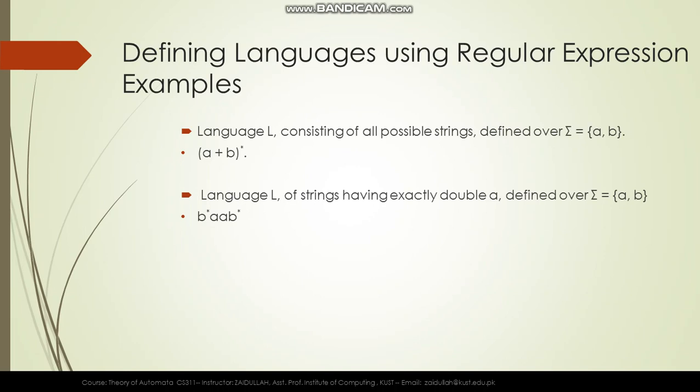The fourth example is the language L of strings having exactly double a defined over a, b. So its regular expression will be b star, double a, b star, which means that this regular expression will satisfy all those words which have double a's.